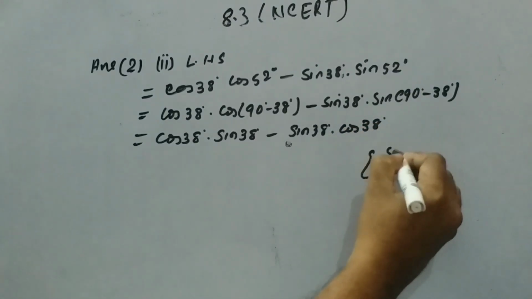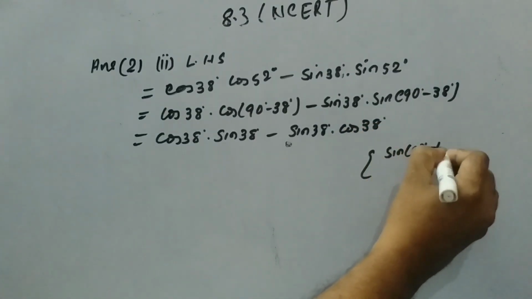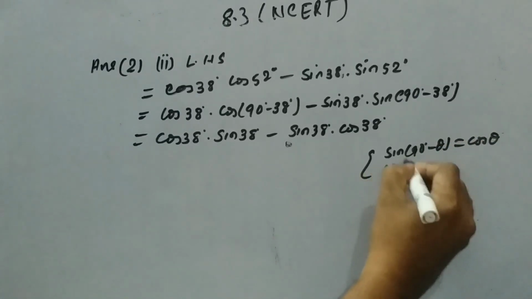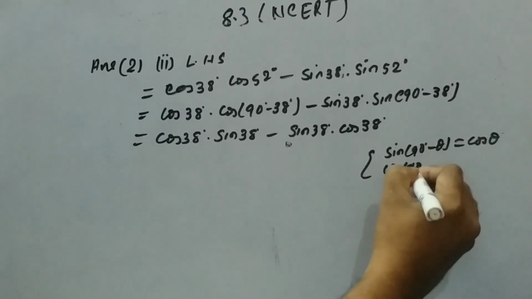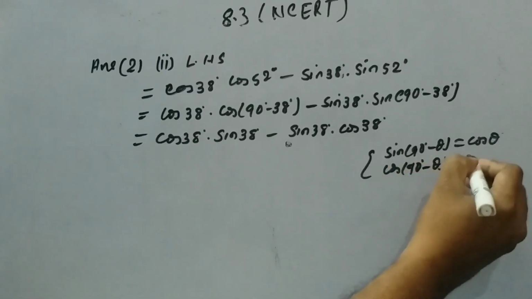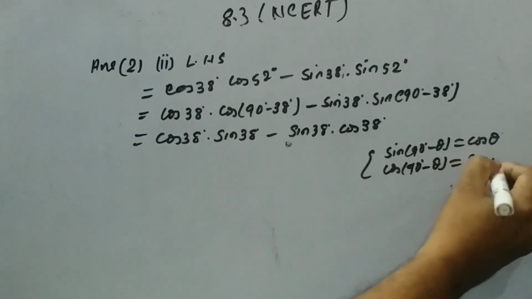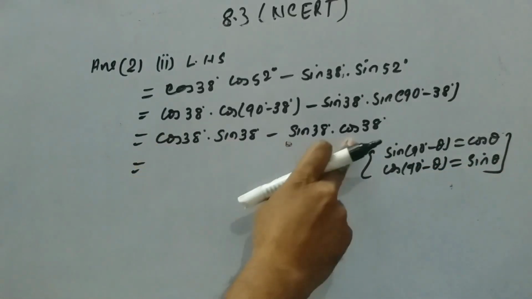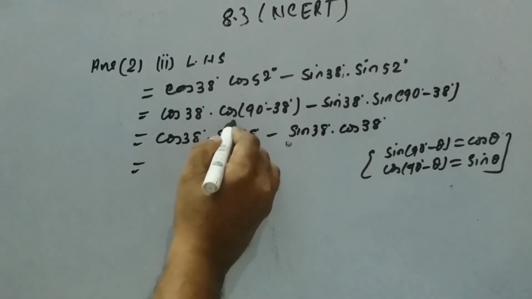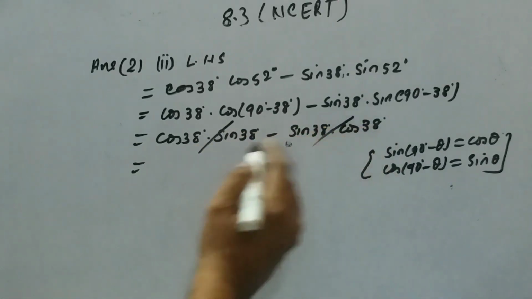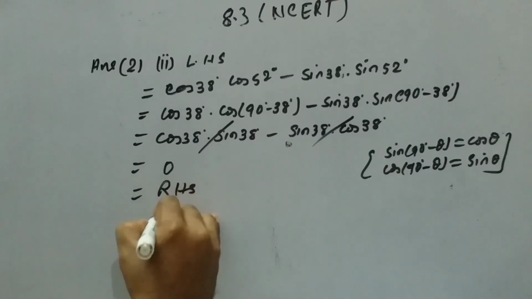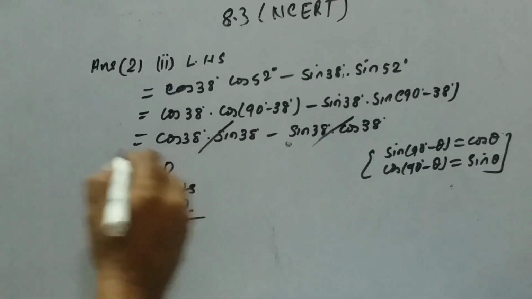Here sine 90 degree minus theta is equal to cos theta, and cos 90 degree minus theta is equal to sine theta. And these are the like terms. So this will be cancelled out, and this is 0, which is cancelled out.